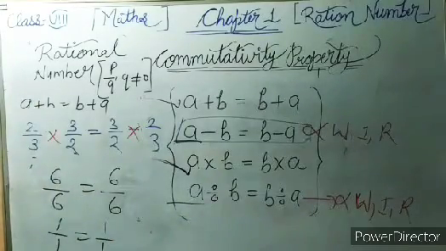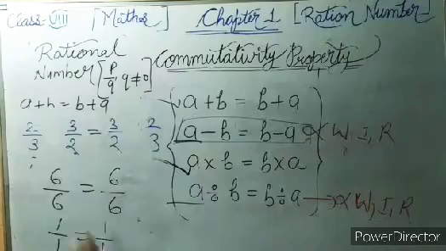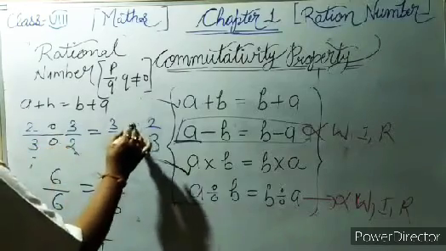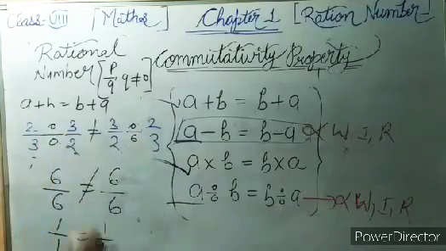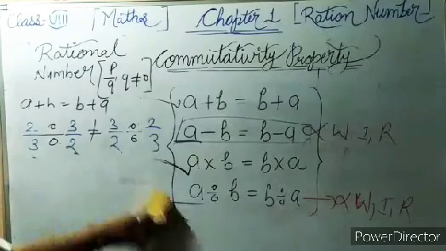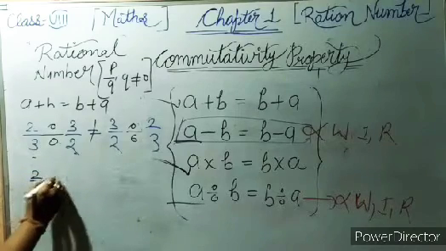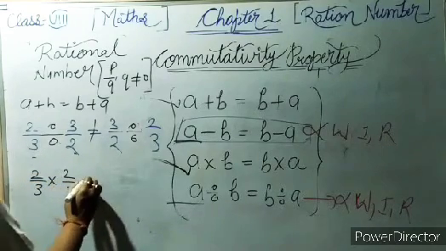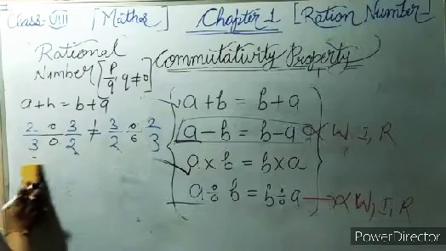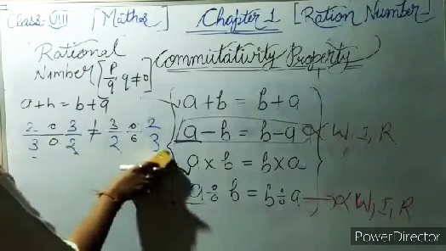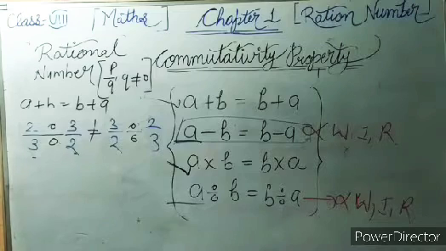Here also, if we divide both numbers, we will not get the same number. It is not the same number. If we solve this, we will get a different number.